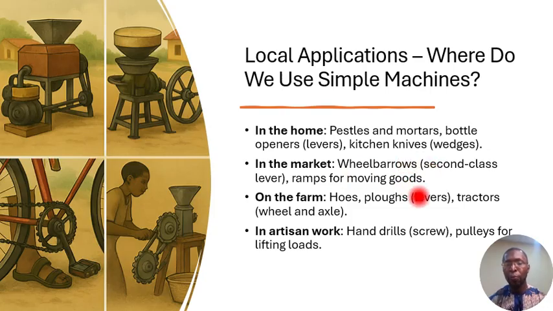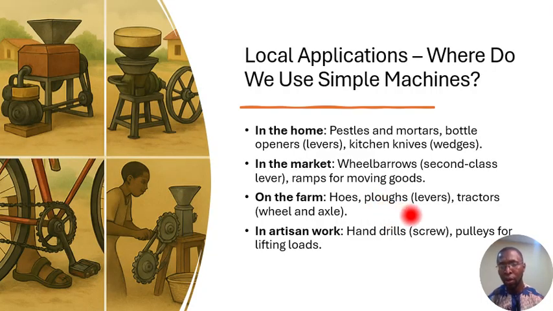And in the farm, we use hoes, plows, tractors. These are areas where we apply these simple machines. Tractor is an example of wheel and axle because it has wheel and axle in it. Okay, plow is an example of lever. Now artisans also use some of these simple machines to work.